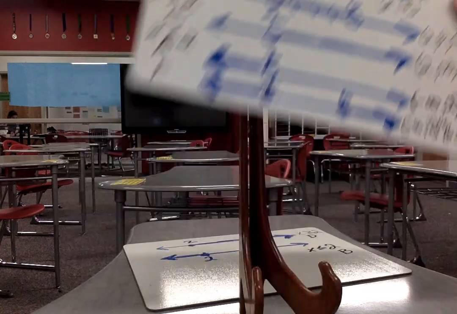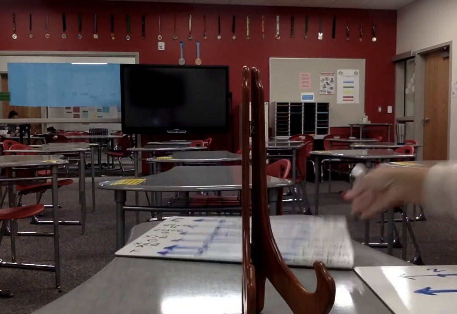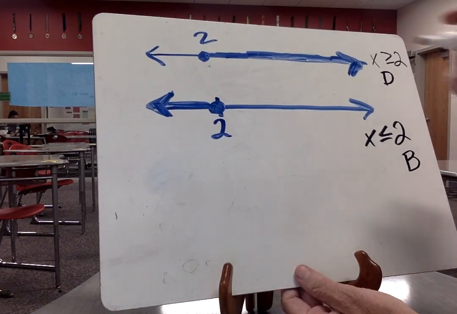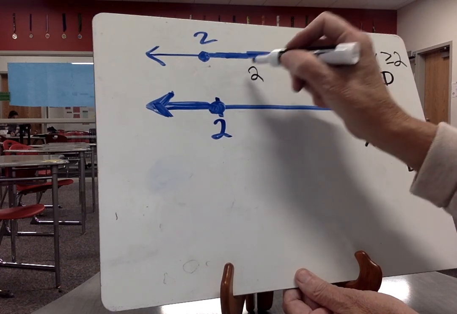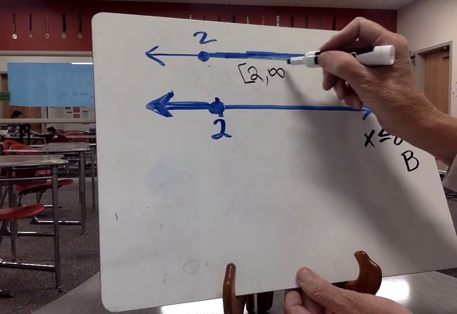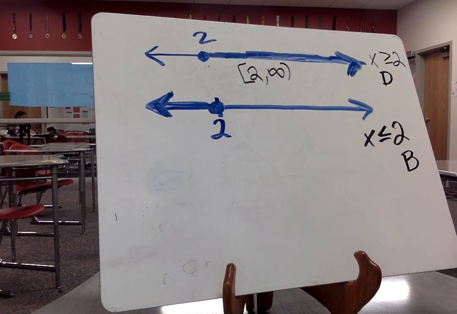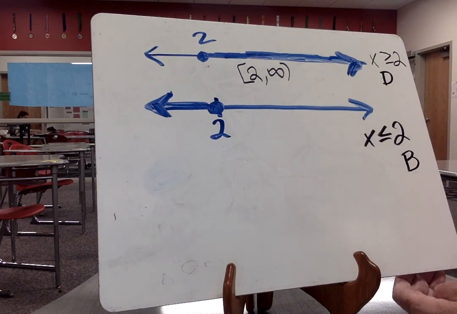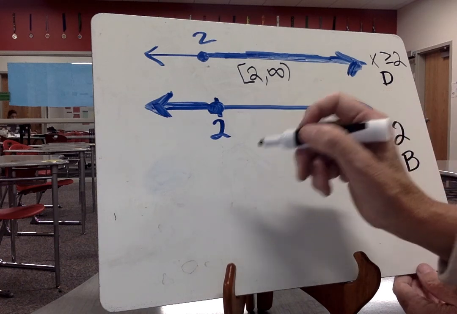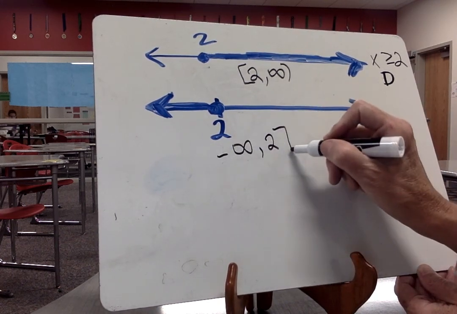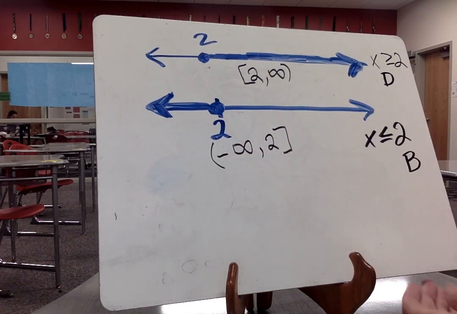Let me go ahead and finish the last 2 on that first little part. So this one goes from 2, and 2 is included, and it goes to positive infinity with a parenthesis. So that one will be D. So wherever you find that on the right-hand side, put D. The next one goes from negative infinity and goes to 2, and I'm going to put brackets there and a parenthesis there.